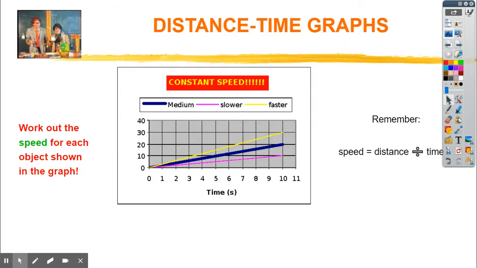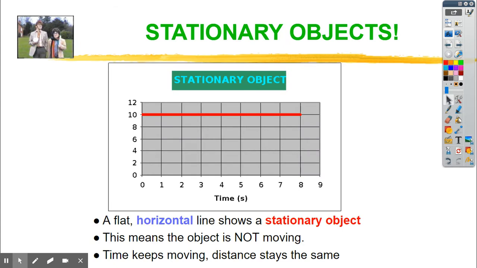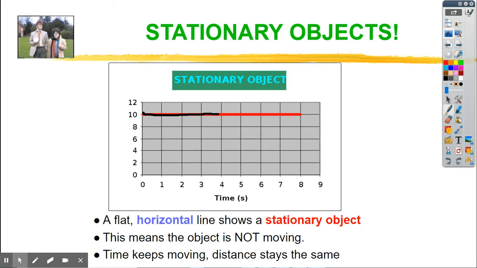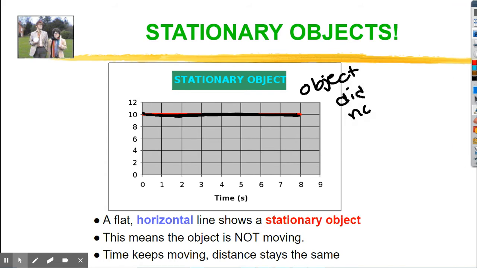So we talked about the steeper the line, the faster it goes, and it says work out the speed for each object shown in the graph, and we actually already did this. A stationary object shows as a flat horizontal line. So when you have a line that is just straight on any part of your graph, that means the object did not move.